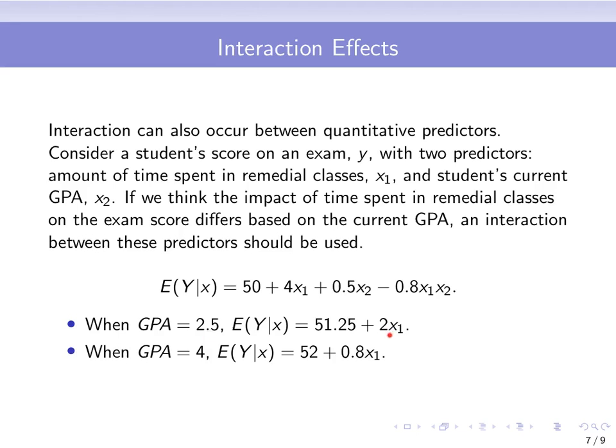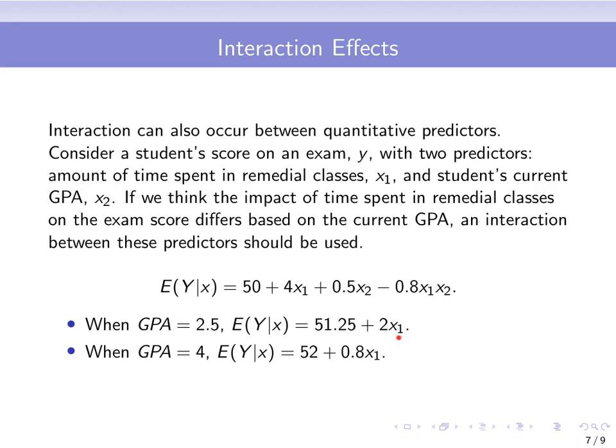So we can kind of see, extra time spent in remedial class is more beneficial for those with lower GPAs than those with a GPA of 4. The increase in the response is 2 for every additional hour spent in remedial classes, whereas the increase for students with a GPA of 4 is only 0.8. So this is indicative of an interaction effect.